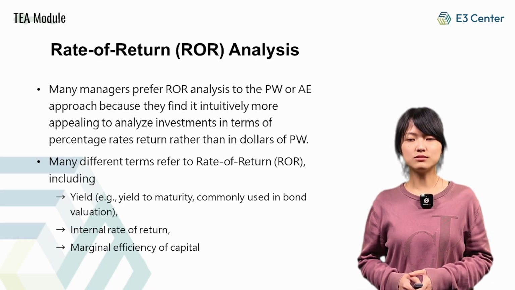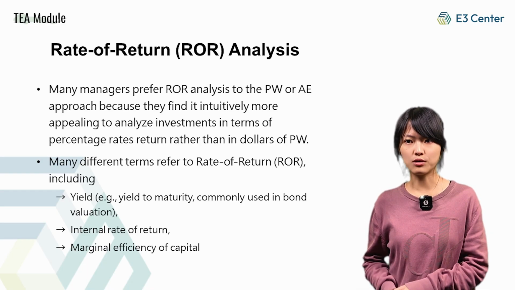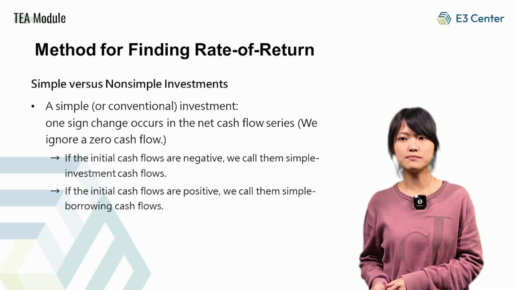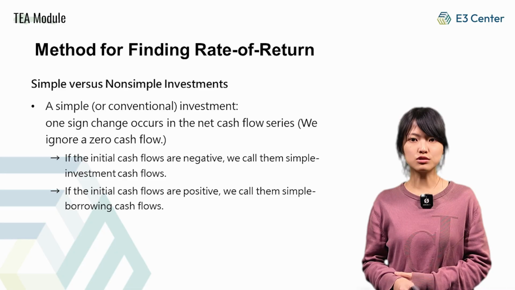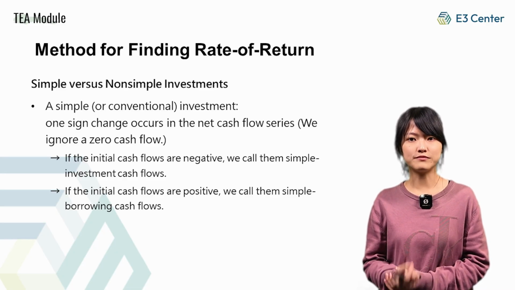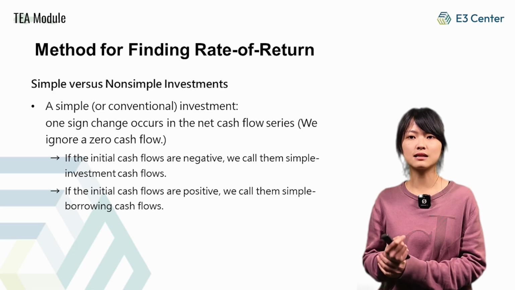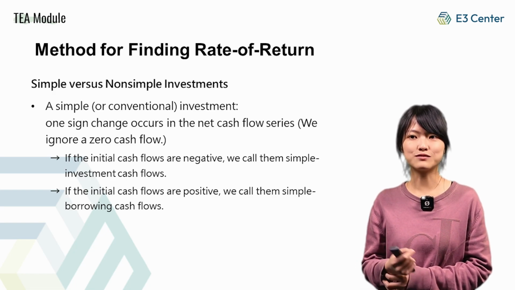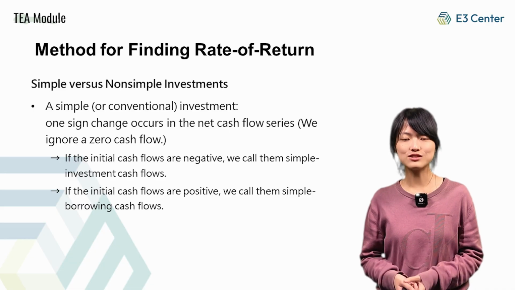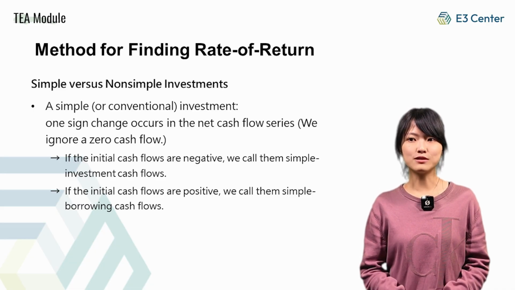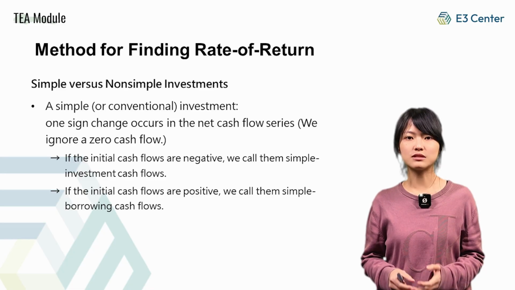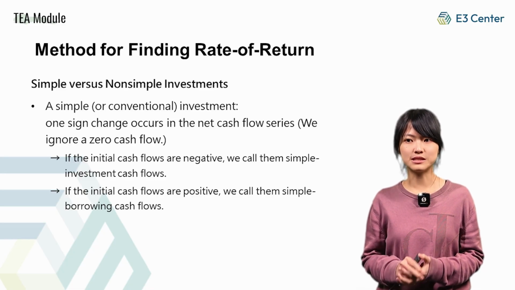Before we delve into the method for computing ROR, let's first distinguish between simple and non-simple investment, which is crucial for understanding how the cash flow structure of an investment can influence the complexity of rate of return calculation. First, simple or conventional investment. This type involves only one sign change in the net cash flow series over the investment period.